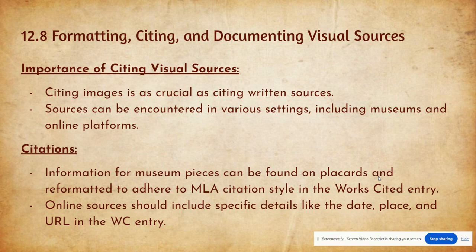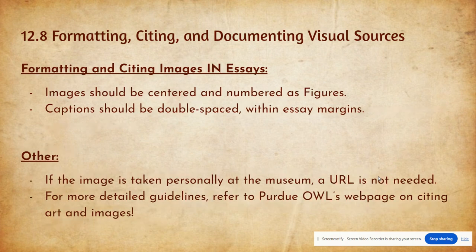If your image is online based or web based, you are going to want to include specific details like the date, place, URL, so on and so forth. You're welcome to use citation generators if you will. I would suggest that you double check whatever citations that the citation machine spits out at you by cross-referencing it with Purdue OWL's webpage on citing art and images.